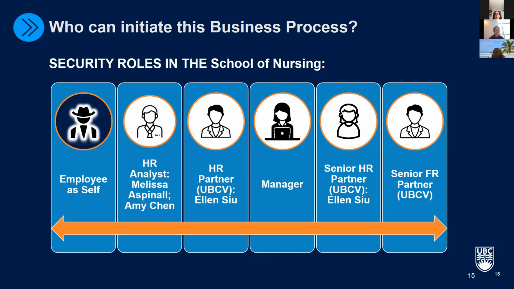And then I have a second security role, which is the senior HR partner. The only time the senior HR partner comes into play is when you have a postdoc or a research associate. Then it has to go to the dean's office for approval. Okay, and I think that's the end of my slides.